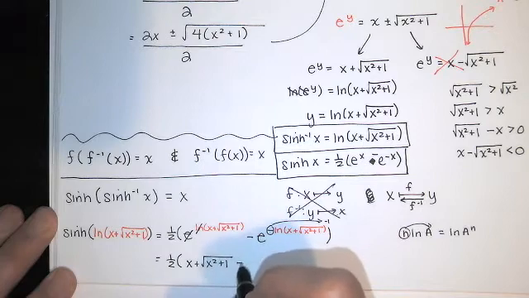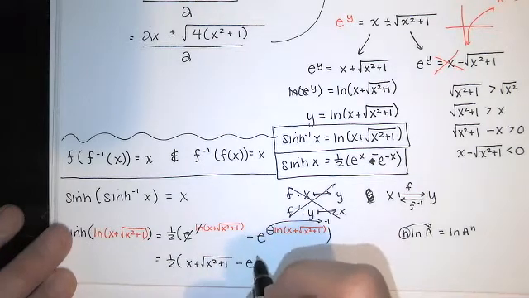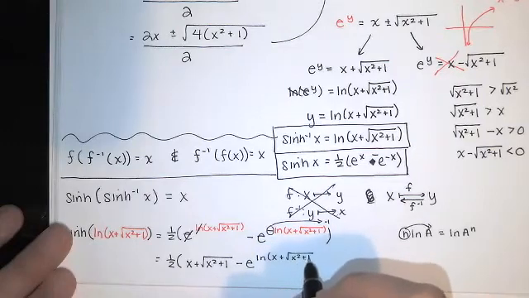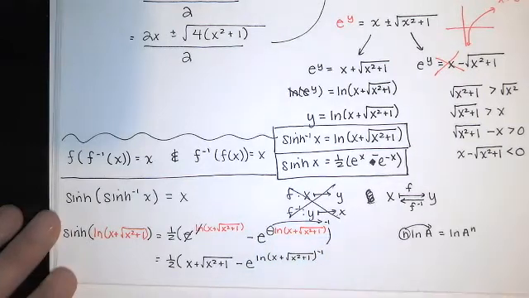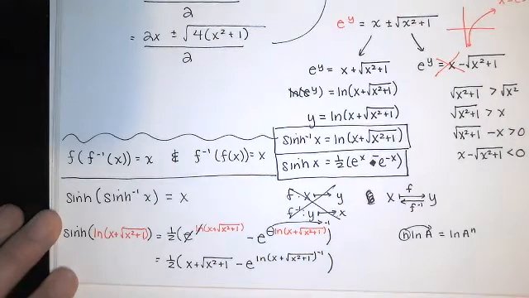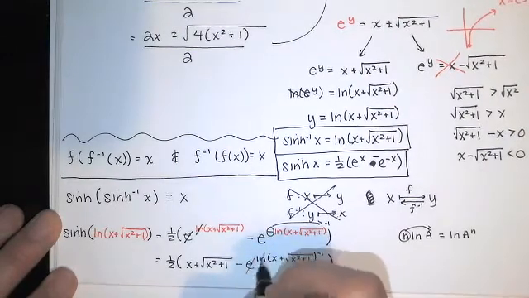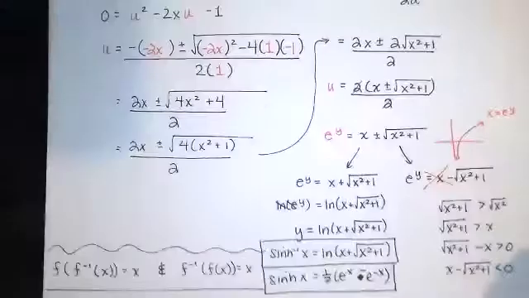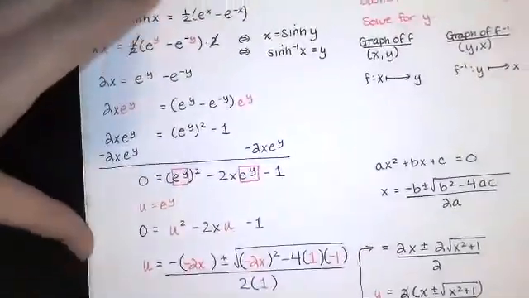So this is minus e to the natural log of x plus the square root of x squared plus 1, all raised to the -1 power. Okay, so the e and the natural log undo each other, and now we've got 1/2 of this minus this function to the -1. It's still looking pretty complicated, but I promise you it's going to give you x back in a second.